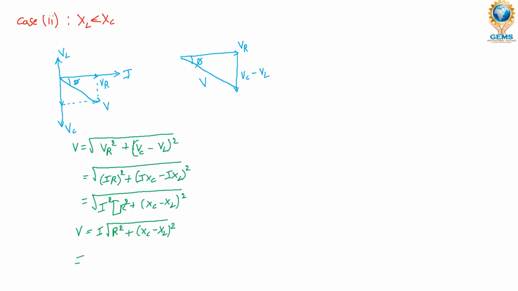From this, I equals V by square root of R square plus (XC minus XL) whole square, that is V by Z. In this case, Z equals this value.